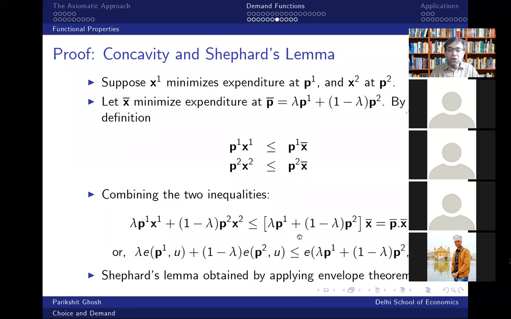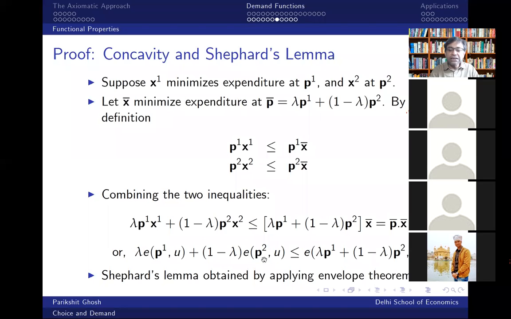And now if you look at it closely, on the right-hand side of this inequality, you basically have that average price vector P bar. So the right-hand side becomes P bar times X bar, right? Vector product. And that vector product is essentially the expenditure at this average price vector. And on the left-hand side, you have this, right?